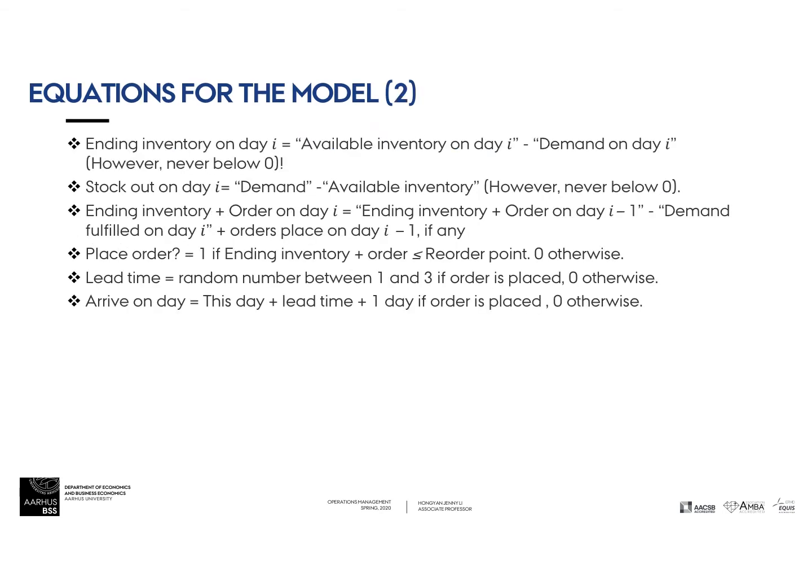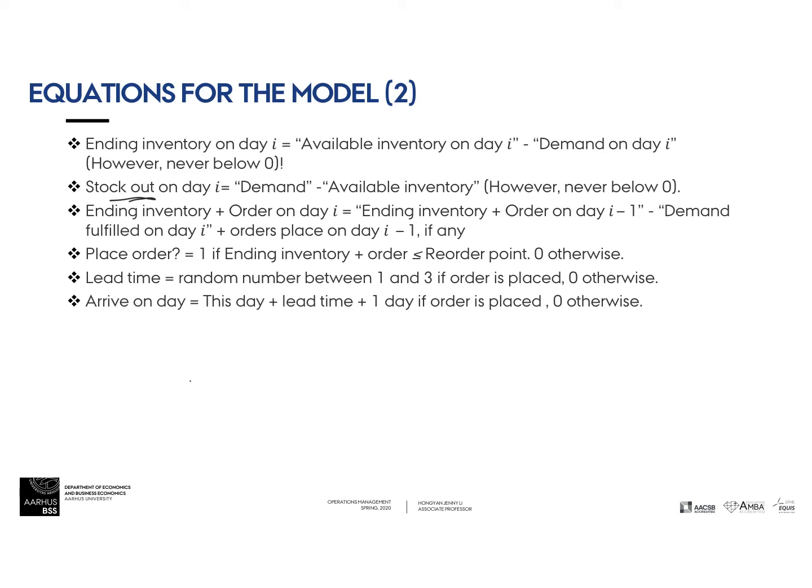If we continue to see the logic of this inventory system, then we also need to know the ending inventory on day I. So each day, if you use available inventory minus demand, then you get the final inventory of the day. And then we have stock out on day I. So this depends on whether you have sufficient inventory.